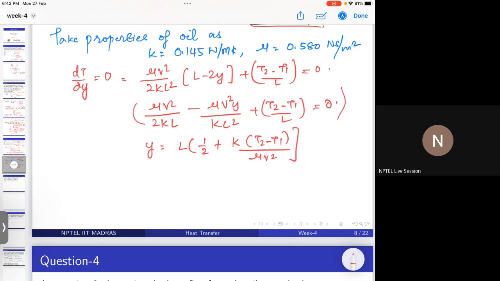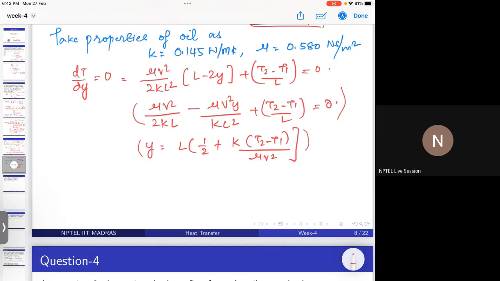Is your answer correct? Yes, sir. Okay. For arriving at this step, you need two or three more simplification steps, so I'm not doing that. I think you can arrive at this. Yeah, I did it, sir. So you got this answer, no?